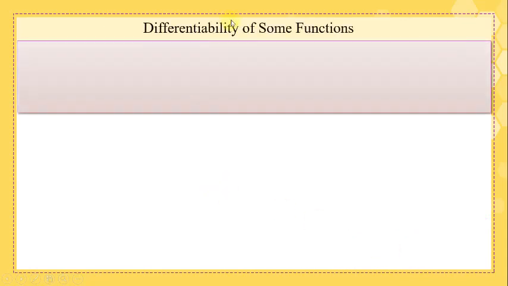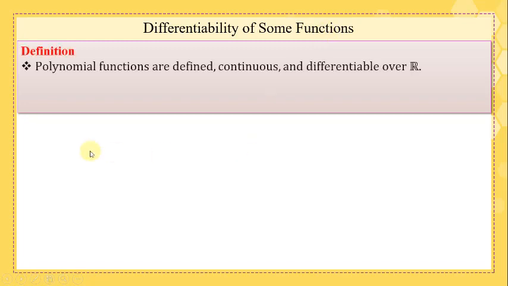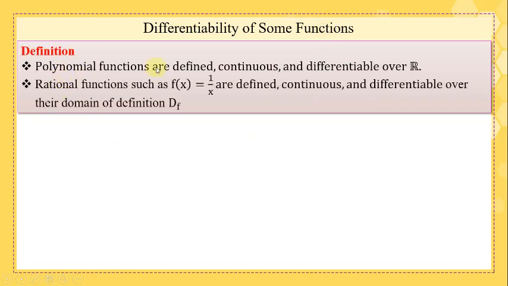Now we will talk about differentiability of some known functions. We focus on two functions, polynomial functions and rational functions. Polynomial functions, I mean the polynomial form, are defined, continuous, and differentiable over set R. Now, rational functions such as the function 1 over x, a ratio, are defined, continuous, and differentiable over their domain of definition.